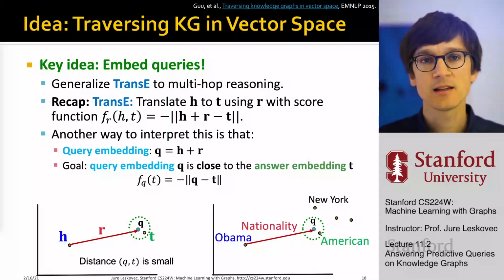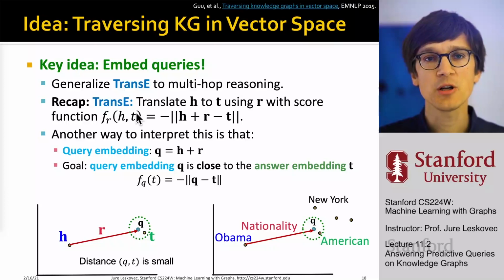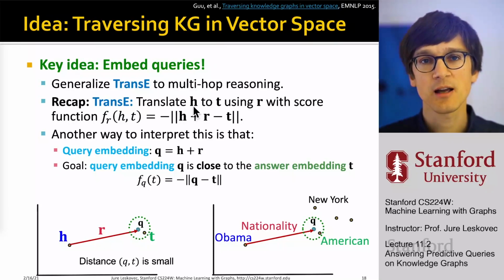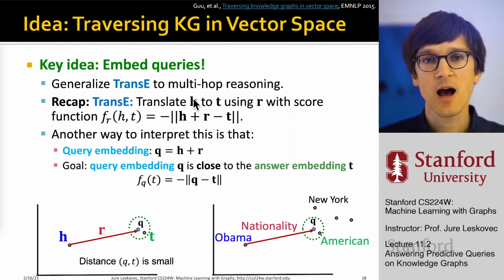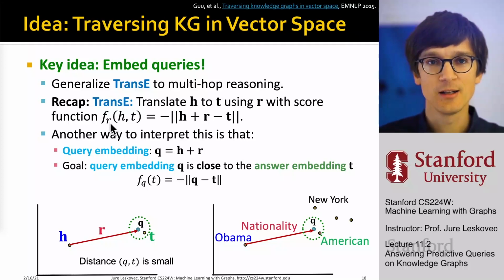Last time we said that in the TransE knowledge graph completion method, you start with a head, you want to go from head to tail, and the way you go from head to tail is to learn this vector R that moves you from H to T. So what is the scoring function, the likelihood that head and tail are related with the relationship R?